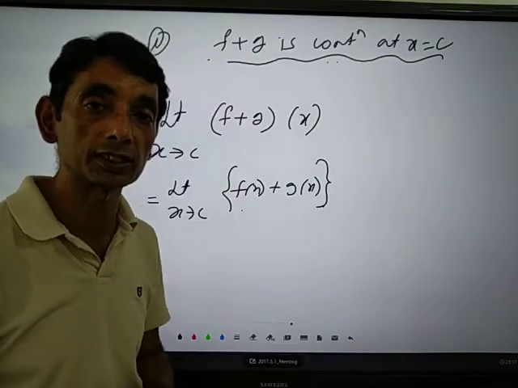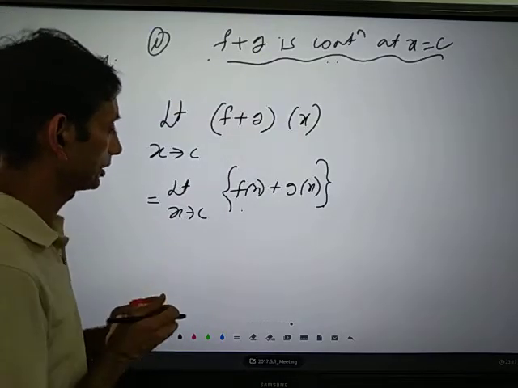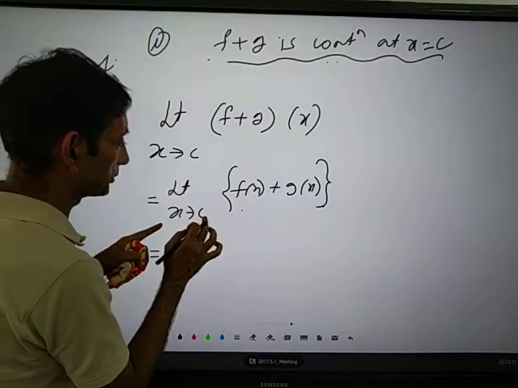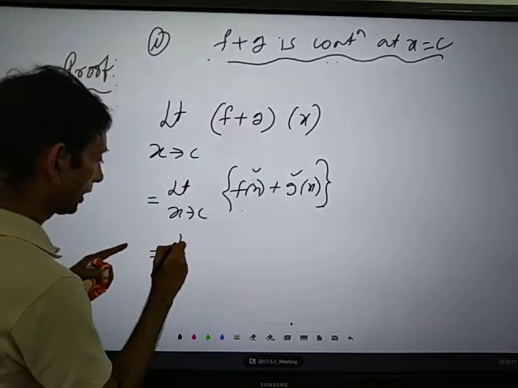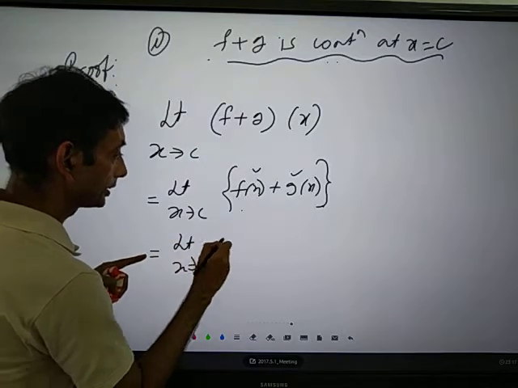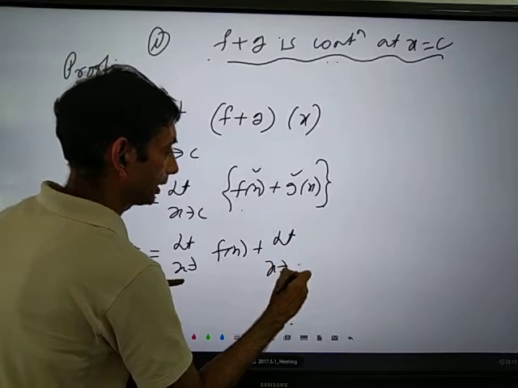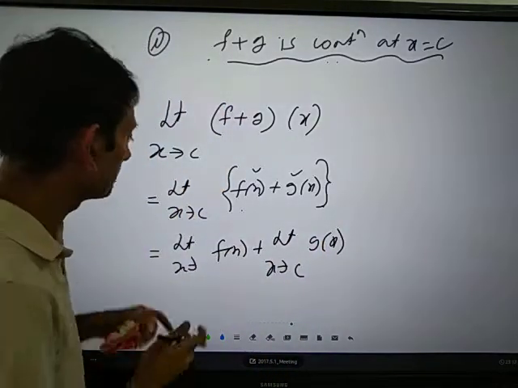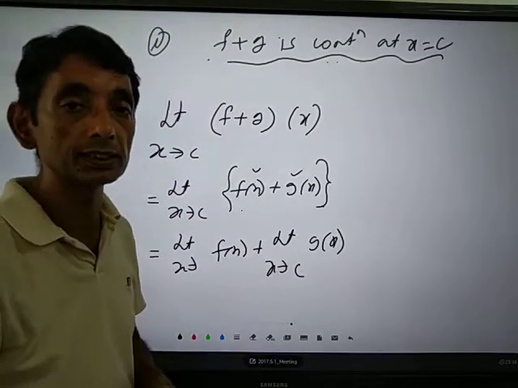There is also the concept of algebra of limits, and there we have a theorem on limits. So I'm going to use this. Remember that it's given that f and g are both continuous functions. So with the help of the algebra of limits, you can write limit as x approaches c of f(x) plus limit as x approaches c of g(x).